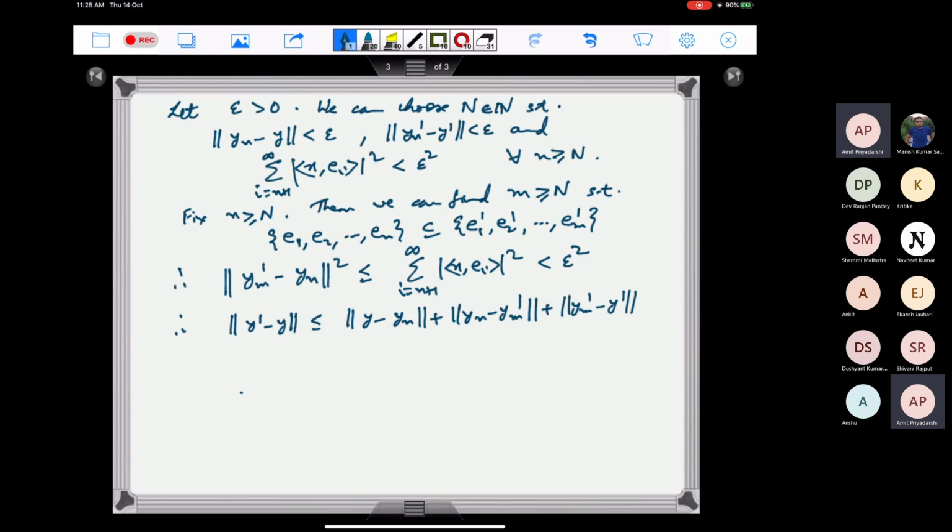The norm of y minus yn is less than epsilon. The norm of yn minus ym dash, by the above, is less than epsilon, and ym dash minus y dash is again less than epsilon. So therefore we get that this is less than 3 epsilon, and this will imply that y dash equals y.